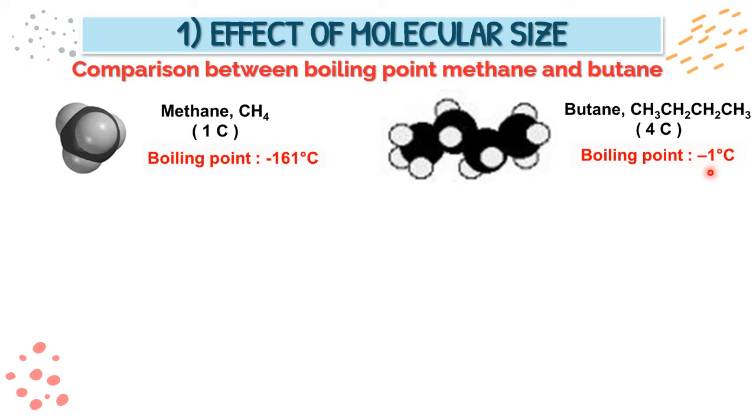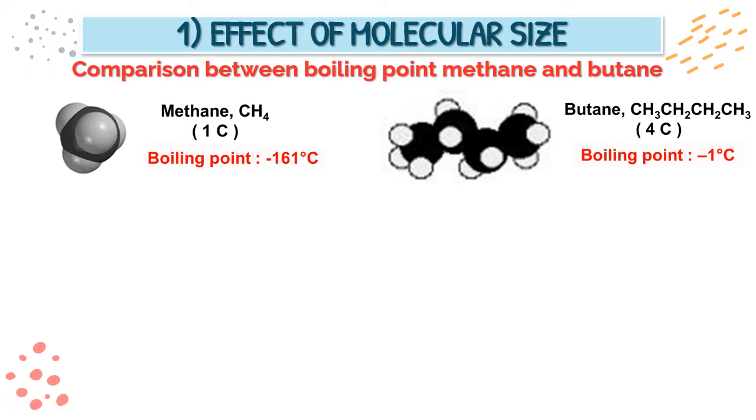Now, if you look at the structure, clearly we can see that the size of methane is much smaller than the size of butane. Besides looking at the actual molecule here, we can also compare the size by calculating its molecular weight or molecular mass.